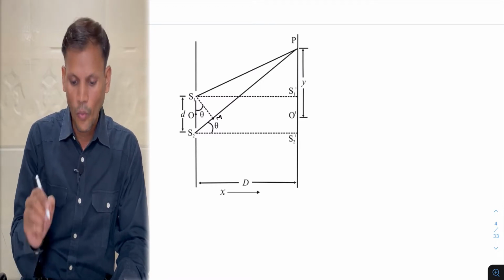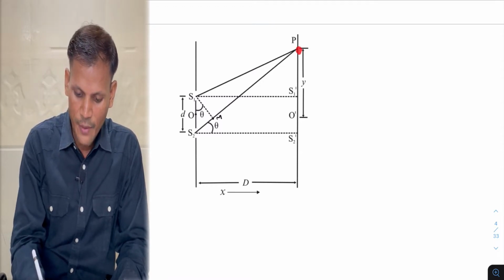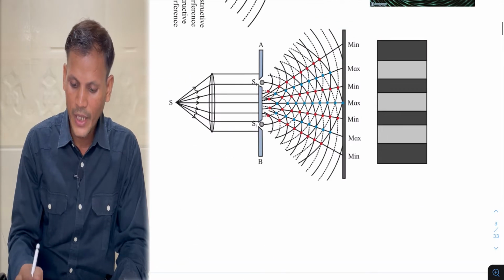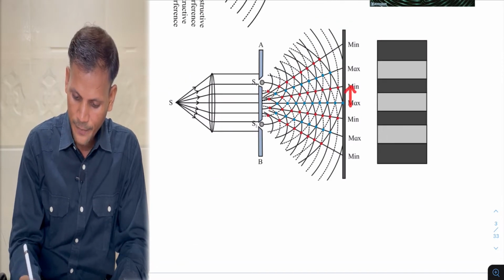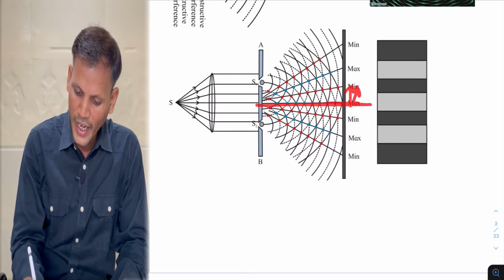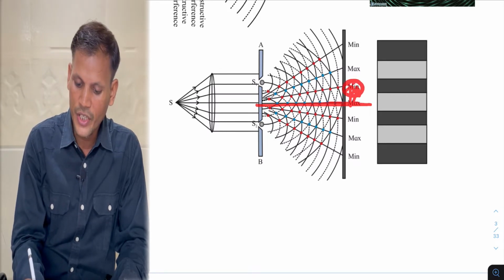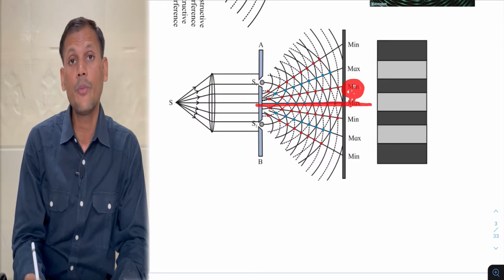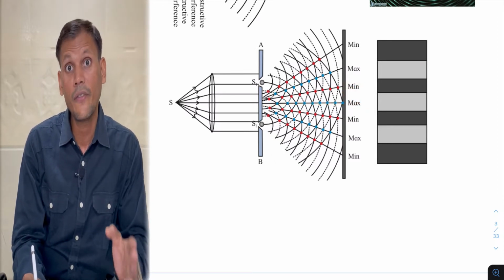Fringe width is the distance from the central point to the next point at which the interference pattern is obtained.